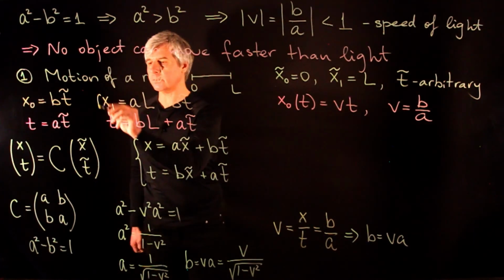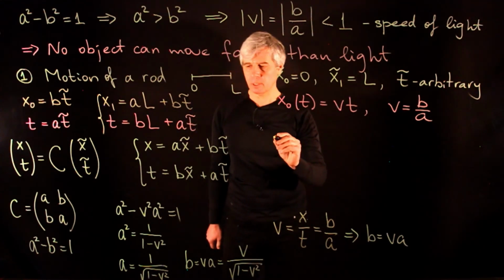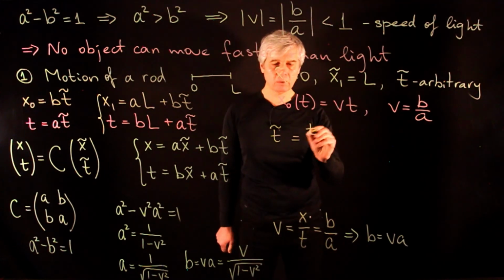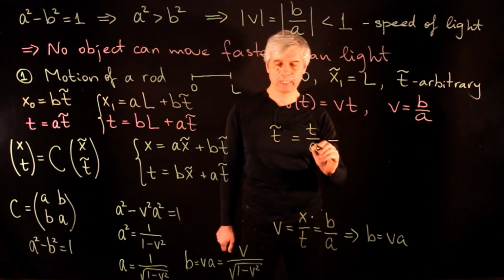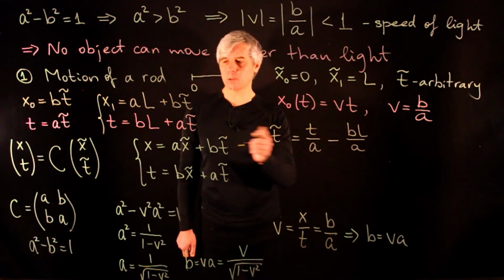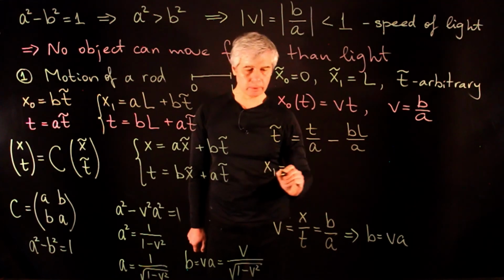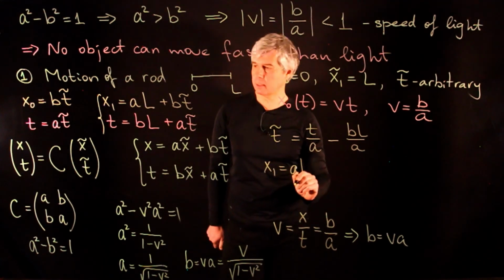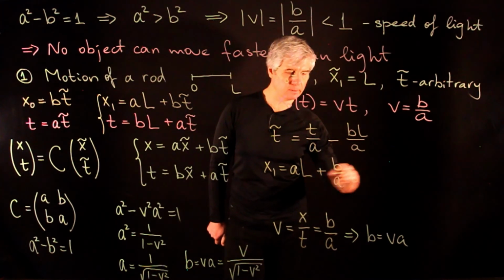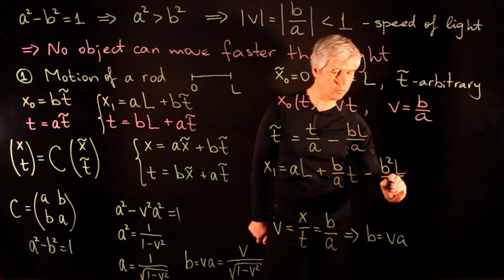Now, let us solve this system of equations. So from the second equation, we get that t tilde is equal to t over a minus bL over a. If we plug this into the first equation, then we get x1 is equal to a times L plus b over a t minus b squared L over a.